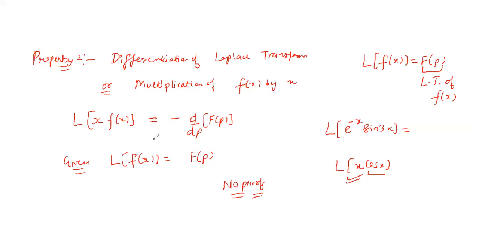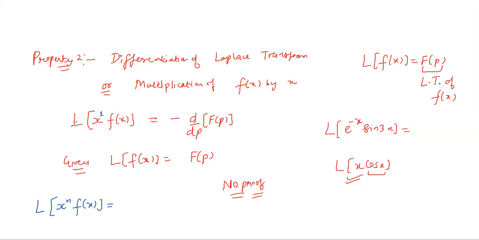There is an even more general formula when you multiply with x raised to power n. Clearly, when you multiply with x raised to power n, it is equivalent to multiplying x n times. That means n times you have to differentiate, because when you multiply with x raised to power 1, you differentiate one time. When you further multiply with one more x, you will again differentiate with respect to p, and negative negative will become plus.